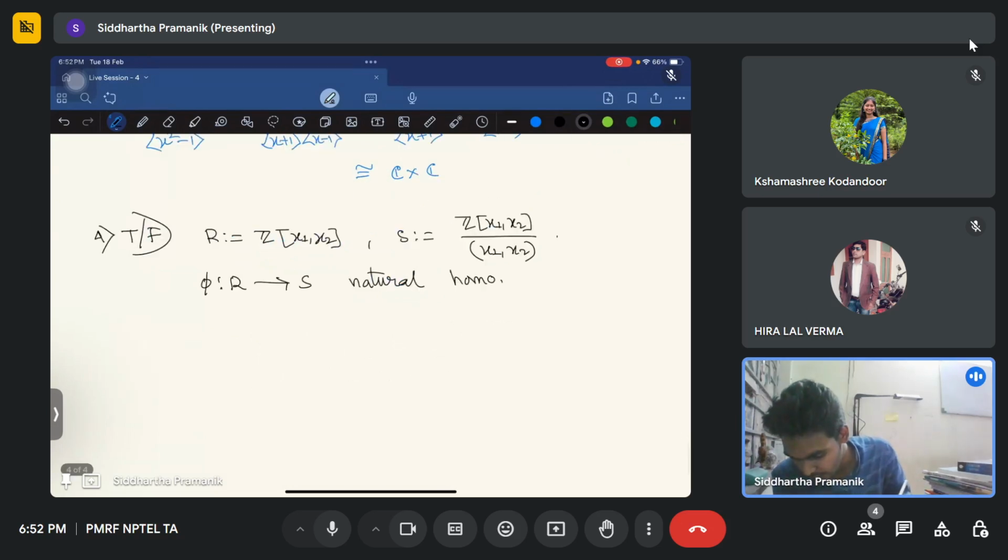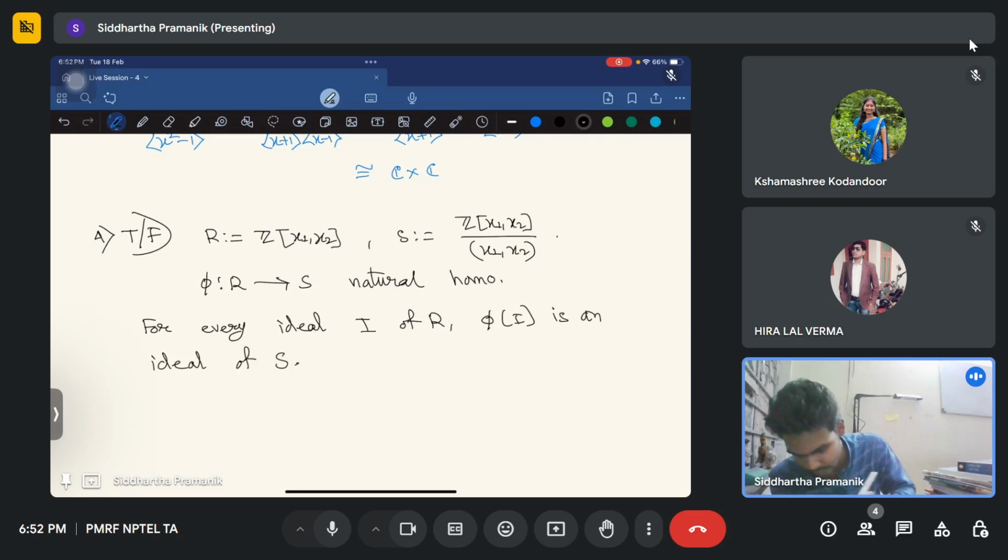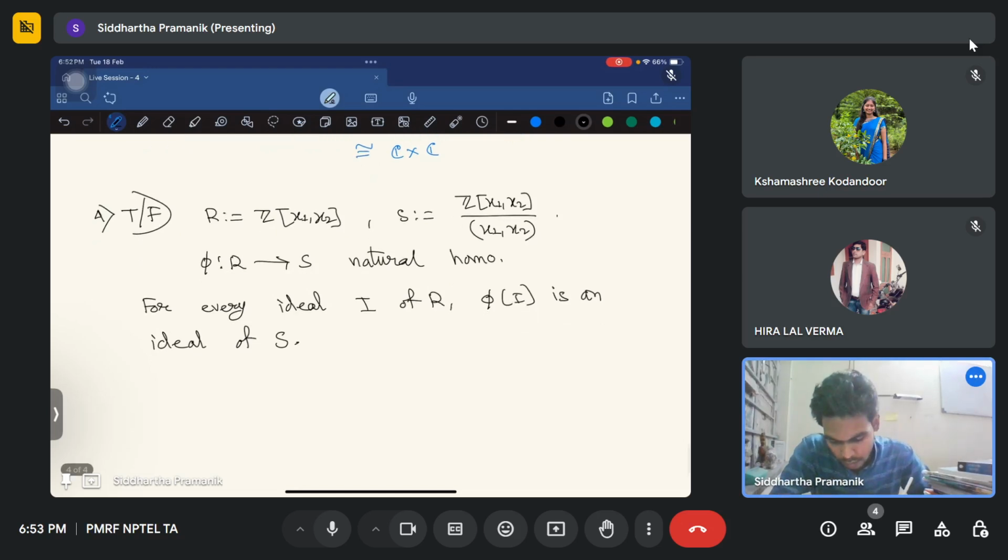So for every ideal I, phi of I is an ideal of S. So for every ideal I of R, phi of I is an ideal of S. So it is true or false, right? So what do you think? It is true or false? So what is your doubt in this question?